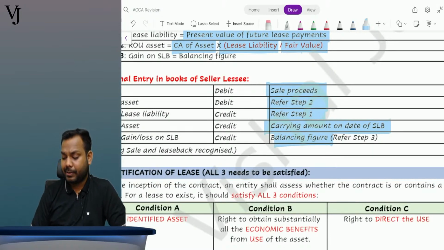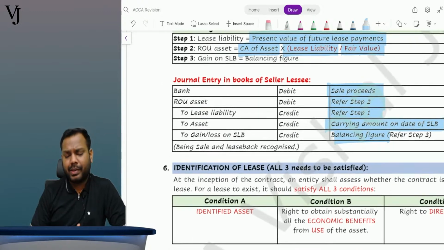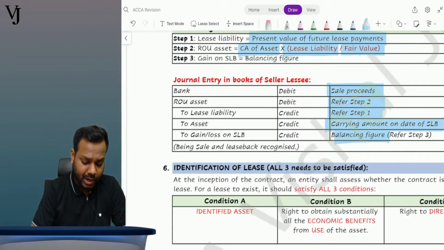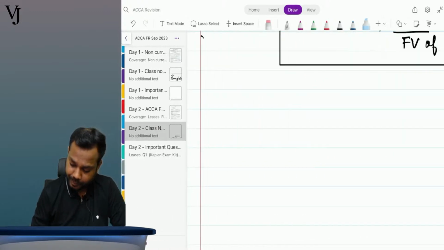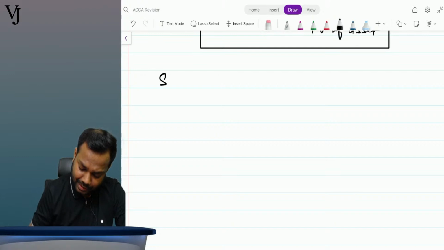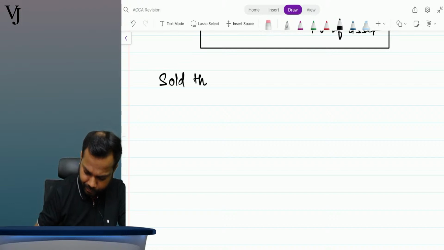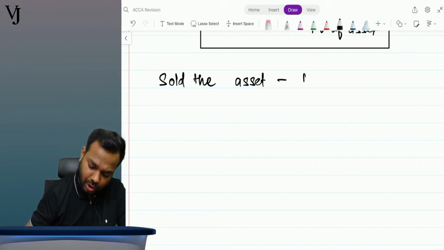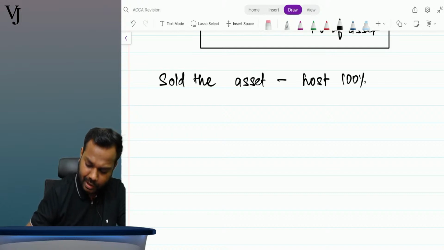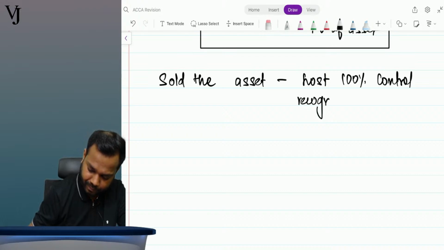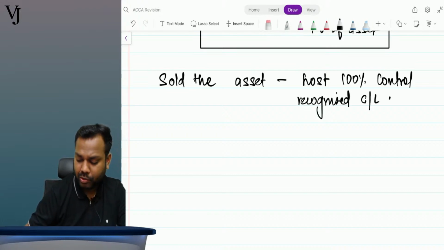Now, understand, guys. This is definitely the journal entry. Sometimes the question asks you, what is the gain or loss on sale and leaseback? Understand. When you sold the asset, you lost 100% control, and you recognized gain or loss on 100%.